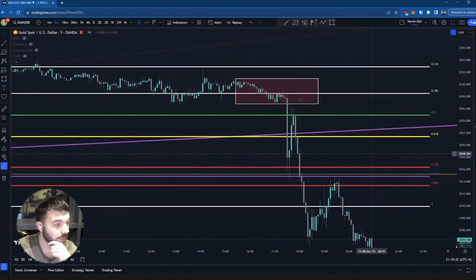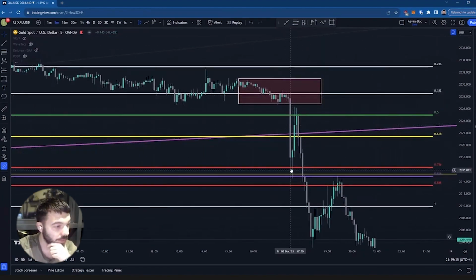So what I did is as soon as price came down to this area here, I'll try and mark up. As soon as price came down to this area, I was closing my sell, right? My sell trade, I took profit, and I actually went in for a buy immediately because it hit my zone.